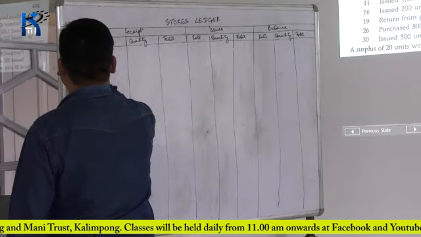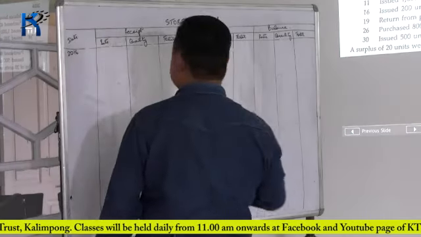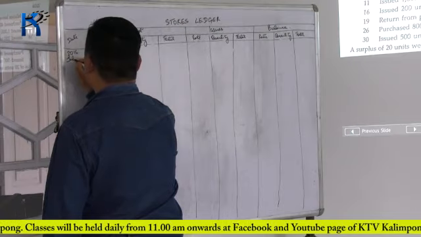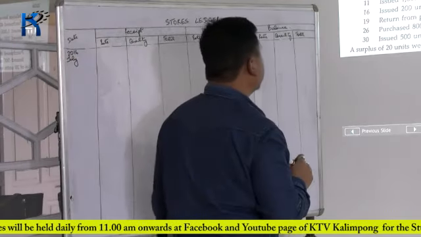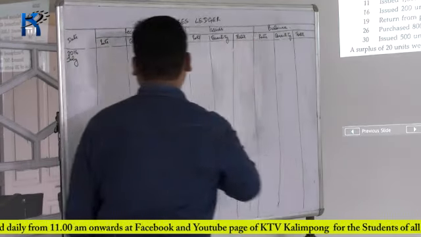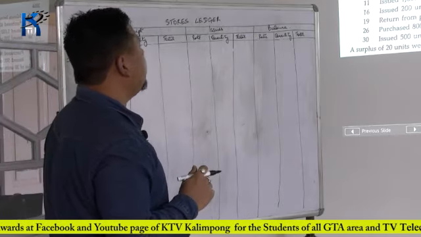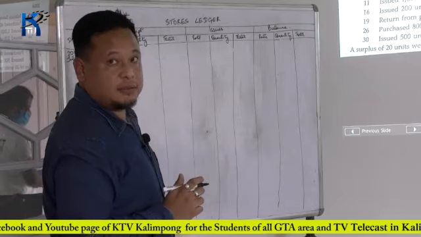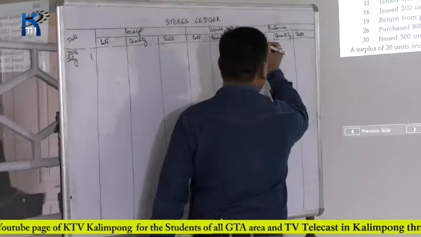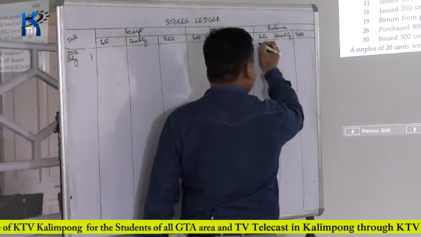First you write the year 2016, the month is July, and the first transaction as on July 1st, there is a balance of 900 units. This you will write directly in the balance column.